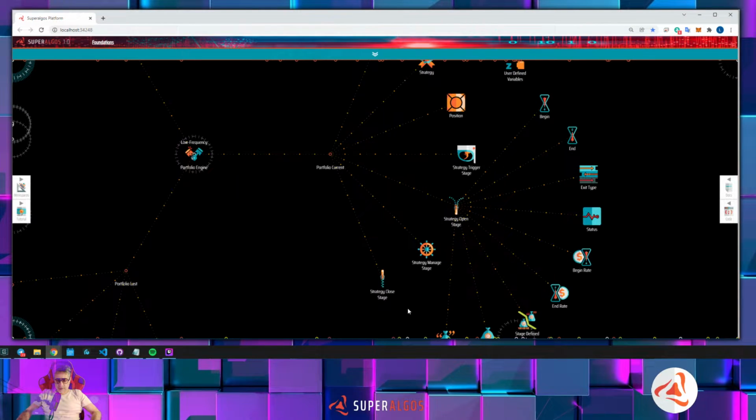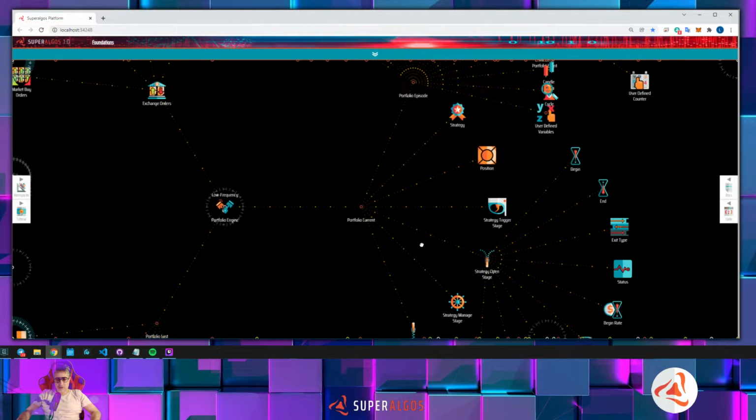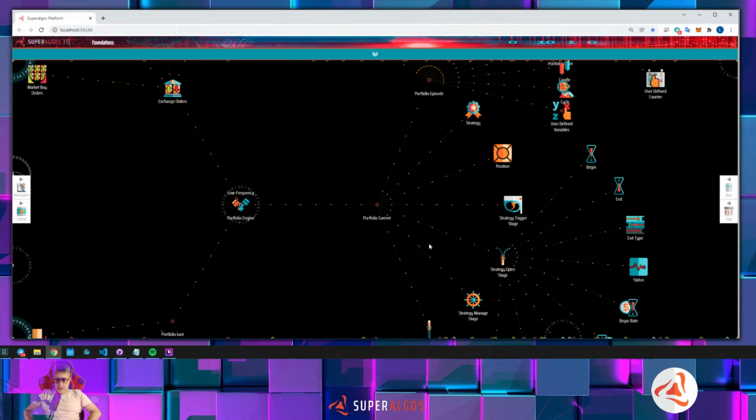We don't have a specific strategy or stages or positions, unless we want to store information from the individual bots.